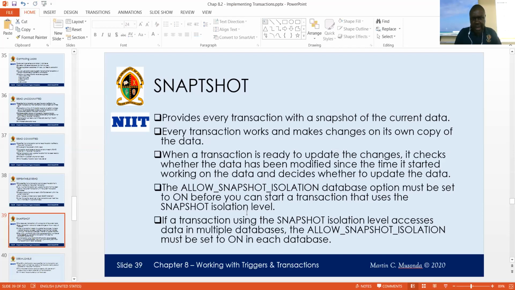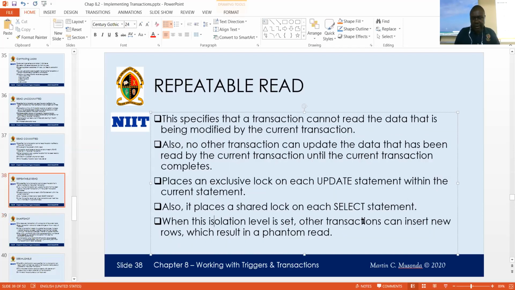And because of that, you can have the phantom read, where the first transaction commits and you try to check the results, you find that you have additional information because while that first transaction was being executed, additional rows were inserted. Okay.